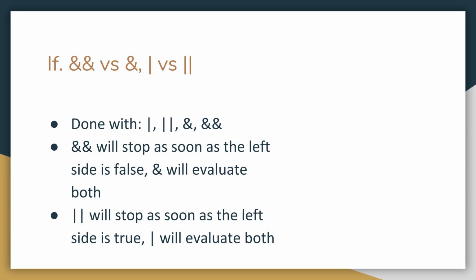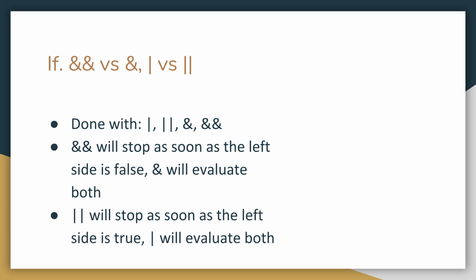It's because it will stop immediately after a condition evaluates to the value which would make it impossible for the overall expression to be true. In other words, when it's AND, if the left side is false, there is no point to evaluate the right side, because false and anything else on the right will give false always.